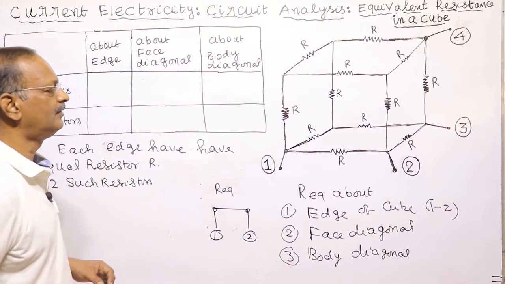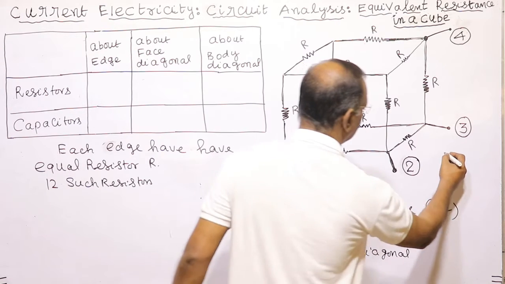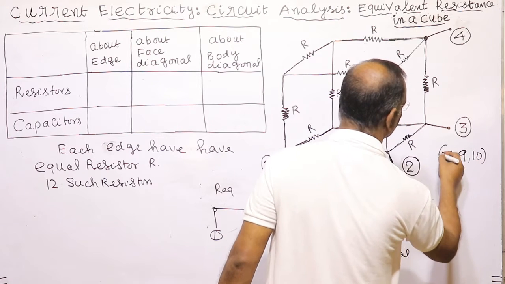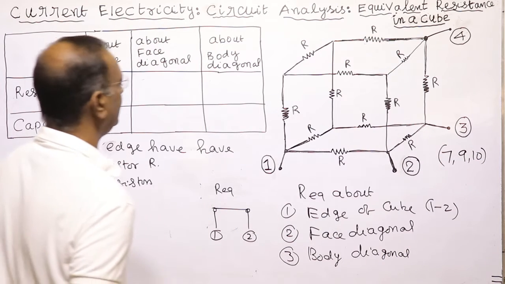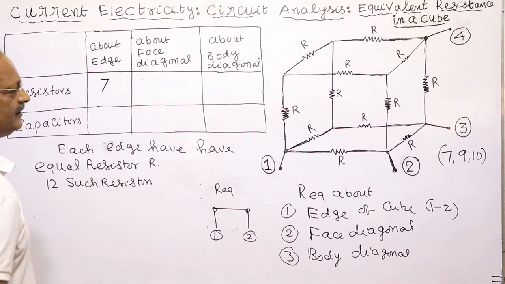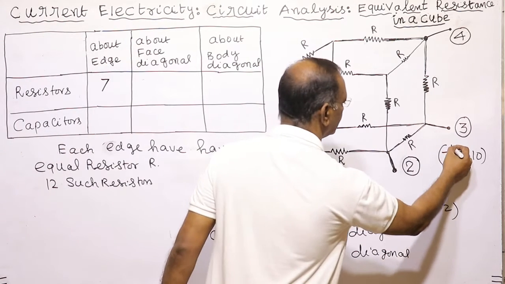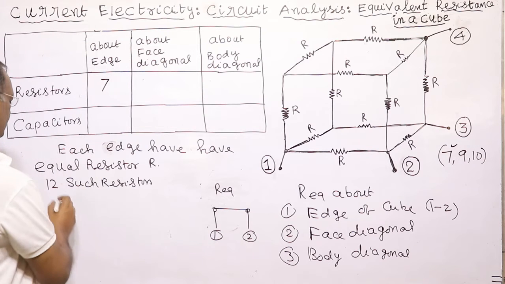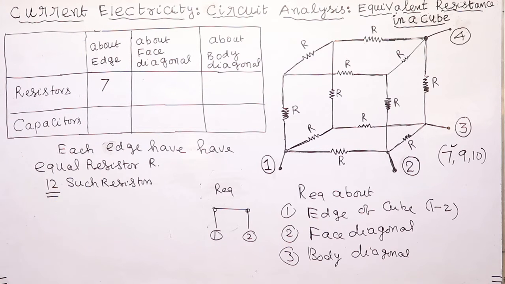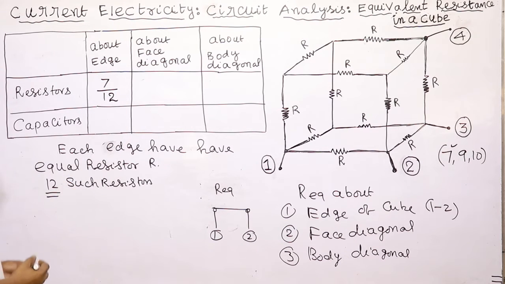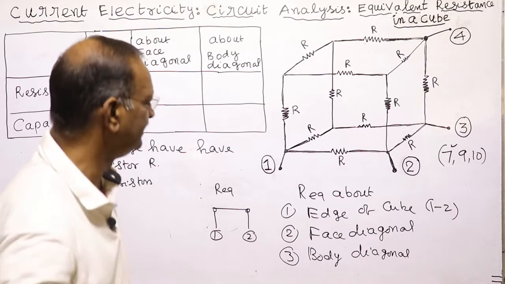So we have to simply remember one thing: 7, 9 and 10. 7 is for the edge. How many resistors are available? There are 12 resistors available, so divide by 12. This is the resistance between the edges.